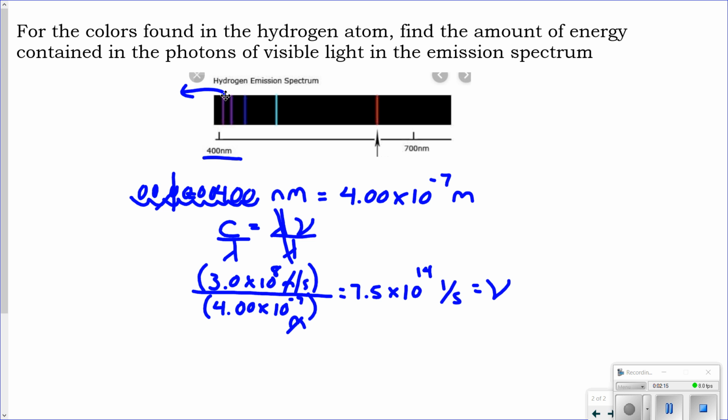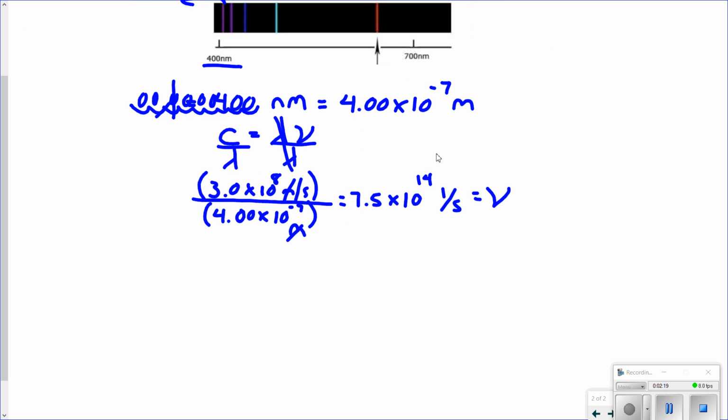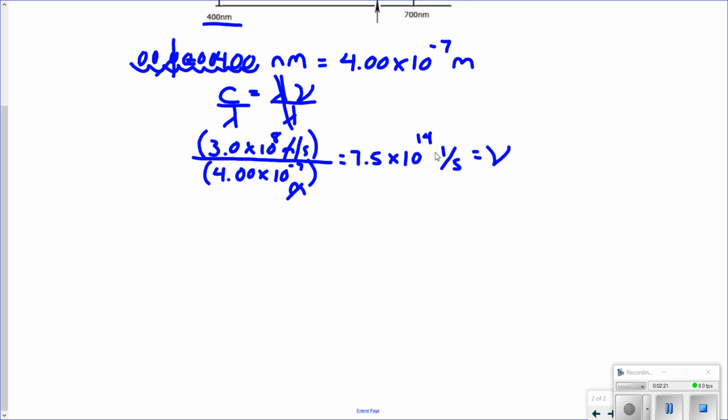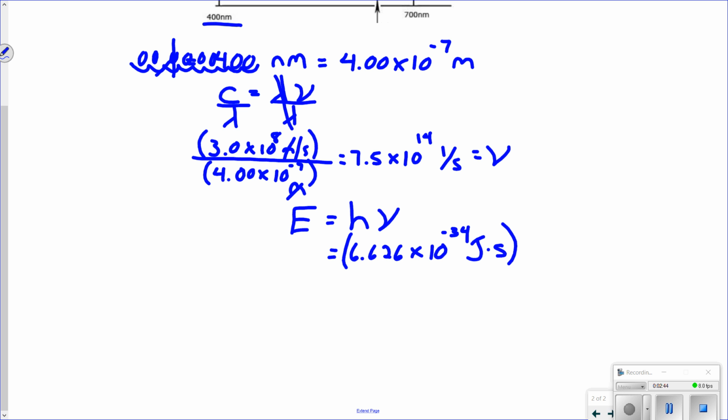So my next task here is to get the energy of that violet photon. So here comes Planck's equation. Energy is Planck's constant times the frequency. And I know Planck's constant is going to be 6.626 times 10 to the negative 34th, and the units are joule seconds.